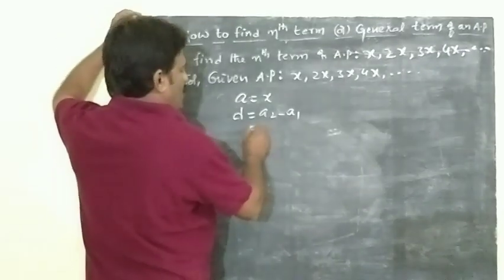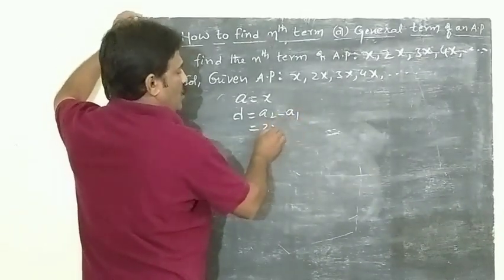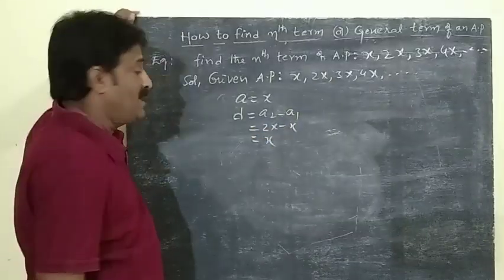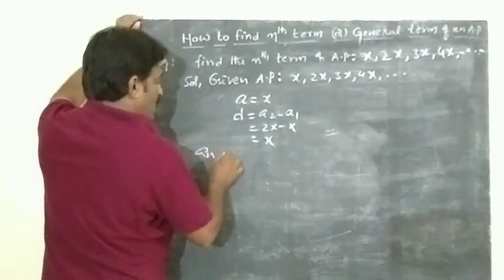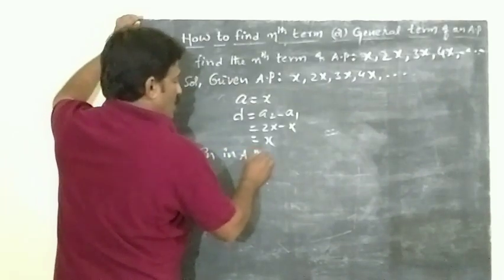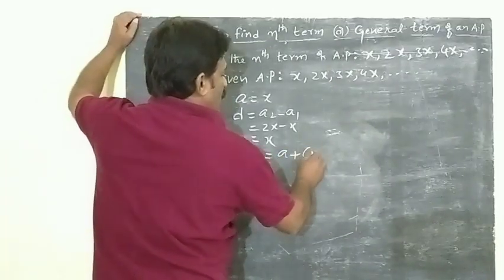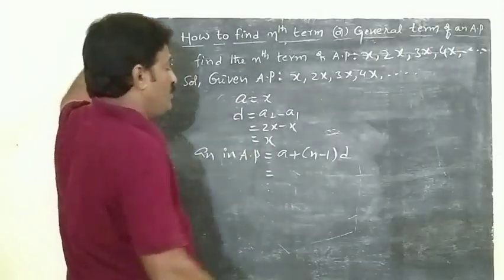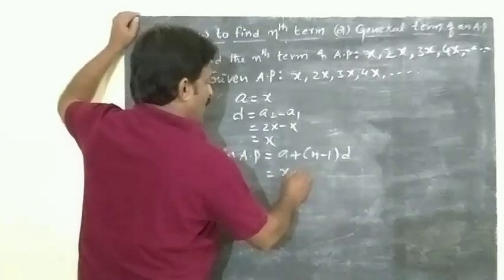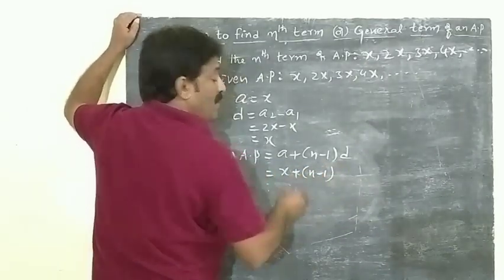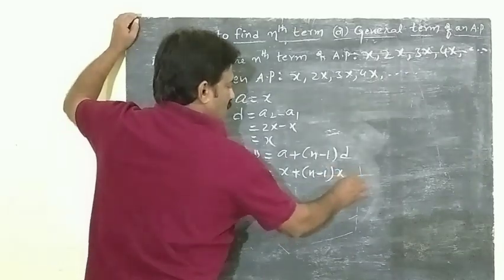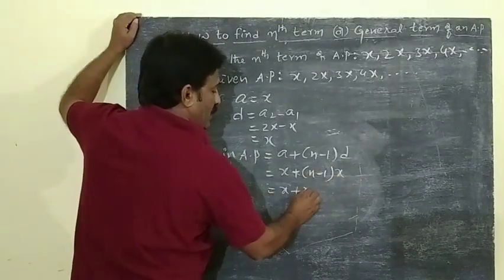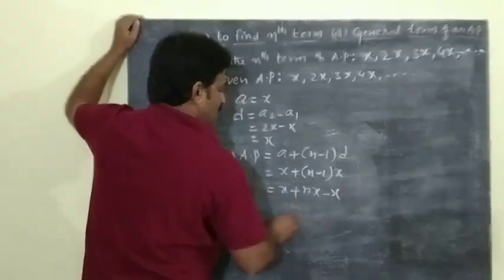Taking any one of them, a2 minus a1 is 2x minus x, which is equal to x. Then an in AP is equal to a plus (n minus 1) into d, that is x plus (n minus 1) into x, which is x plus nx minus x.